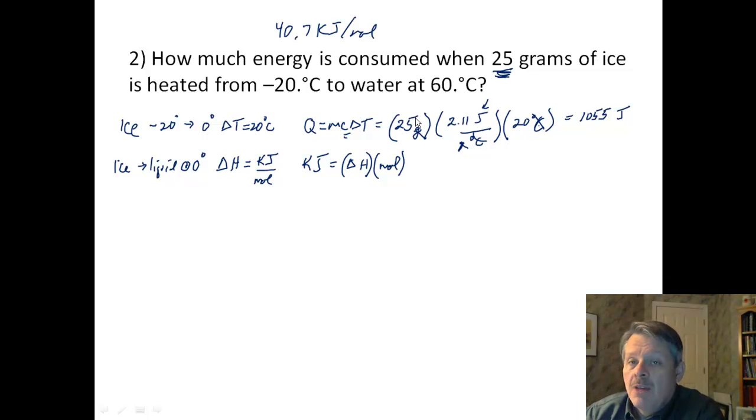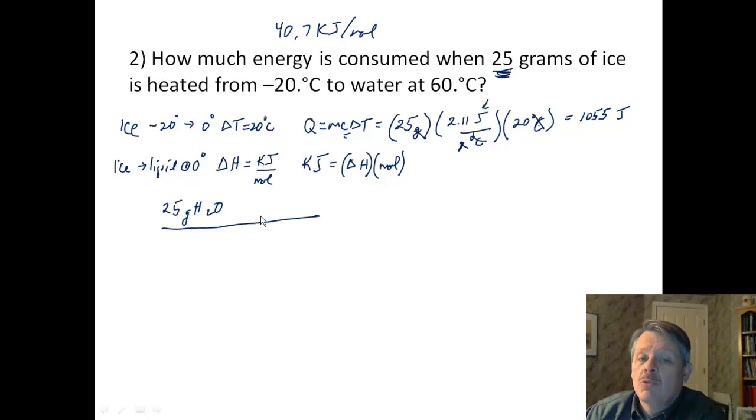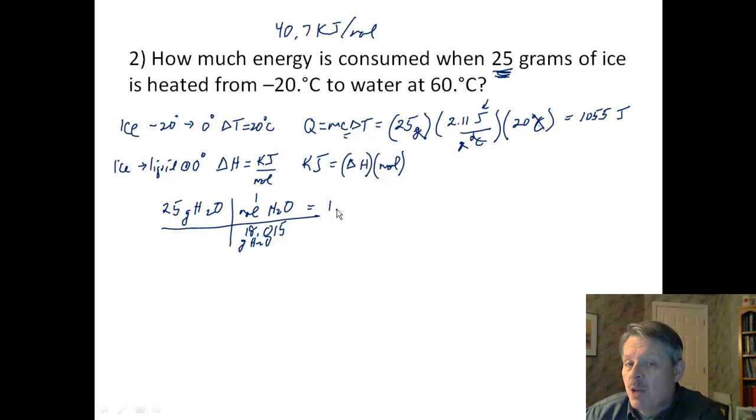So I have to stop for just a minute and convert grams of water to moles of water. If I figure out how much water weighs, that's 18.015 grams in 1 mole. If I do that math, I come out with 1.388 moles of water.